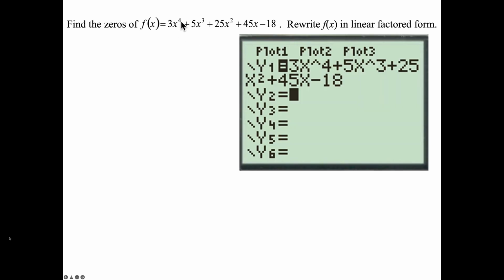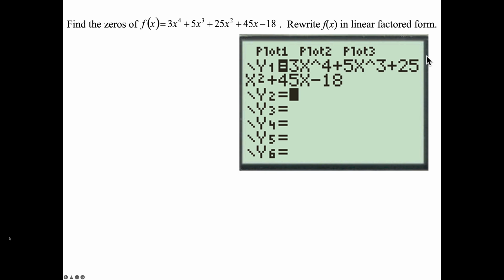So the first thing we want to do is, just like we did when we found all zeros, graph this first. Now again, as you enter this into the calculator, 3x to the fourth plus and so on, remember this negative 18 means you can have everything from negative 18 to a positive 18.